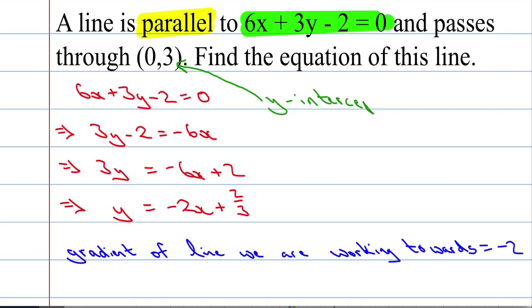So that means the equation of the line, let's write it in the form y equals mx plus c. So it's y equals negative 2x, and the c value here is 3. So plus 3. A fairly straightforward question there. Okay, on we go.